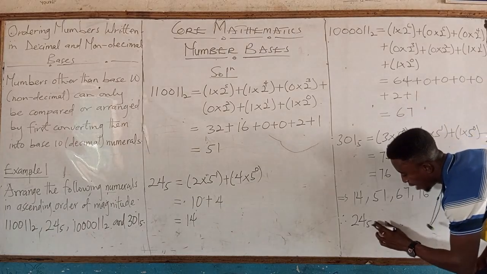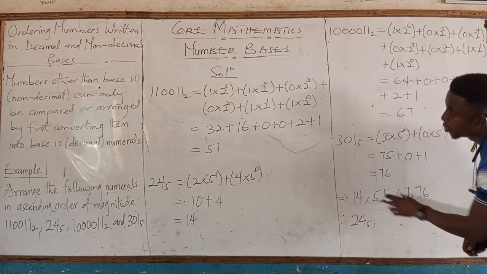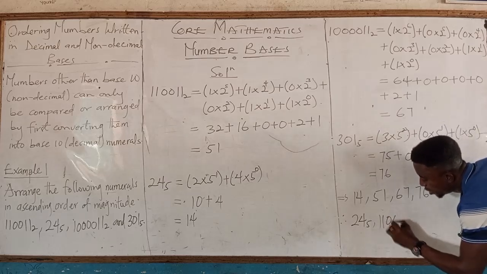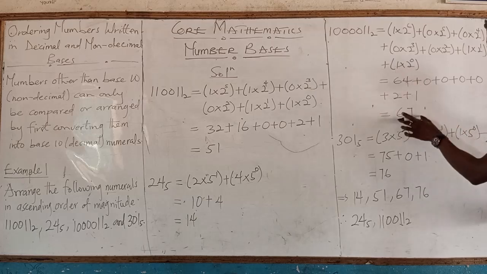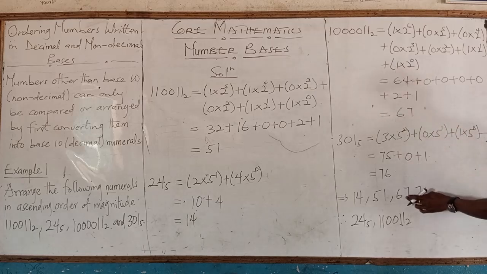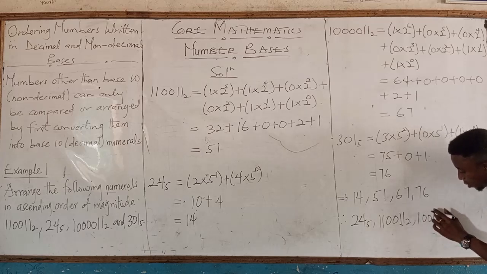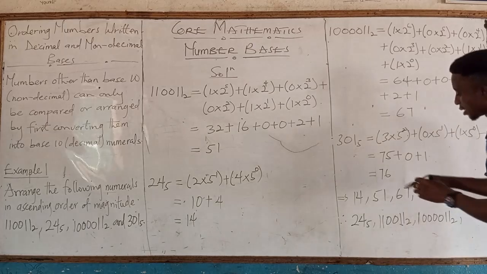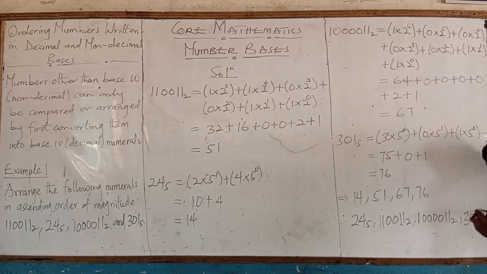And the 51 too corresponds to 1, 1, 0, 0, 1, 1 base 2. And the 67 too corresponds to 1, 0, 0, 0, 0, 1, 1 base 2. And lastly, the 76 too corresponds to 301 base 5.